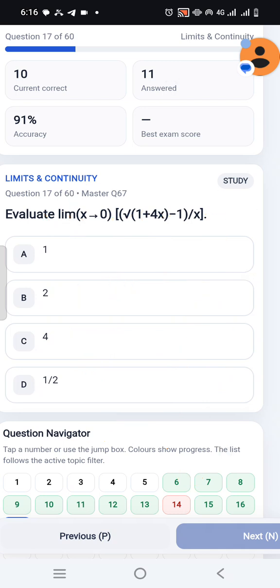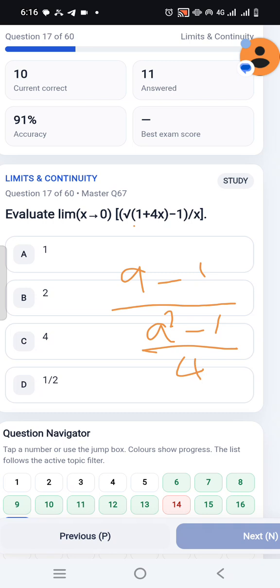So now the question is the square root of 1 plus 4x, which is the same thing as a, then minus 1. This x is the same thing as a squared minus 1, all over 4, right? Then as my x tends to 0, my a is the square root of 1 plus 4x, and my x is 0, so 4 times 0 is equal to 0.